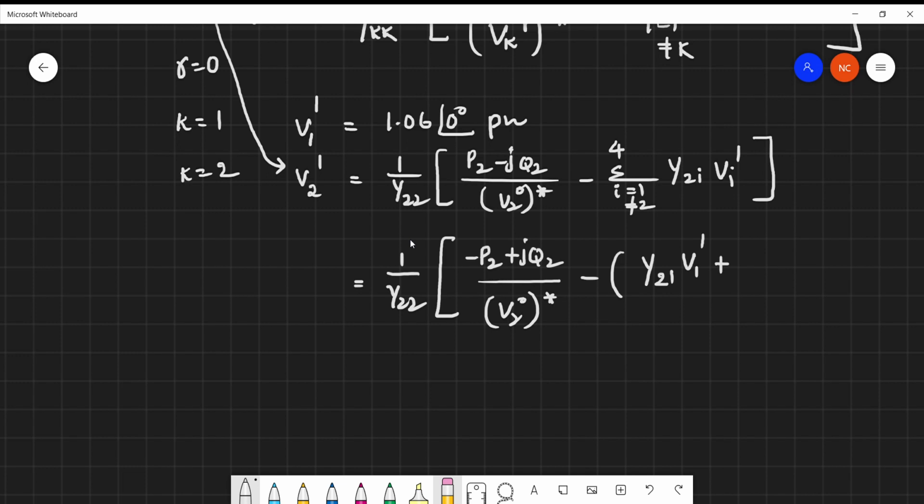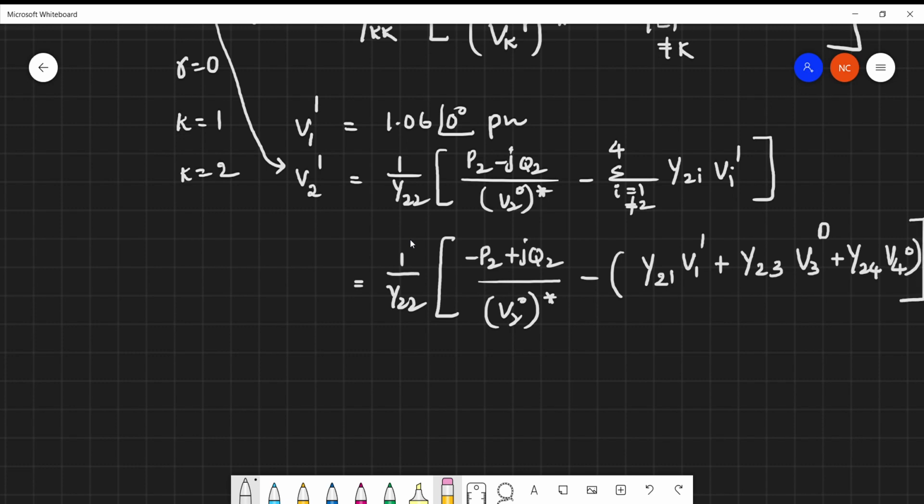Next, plus, i count should be 2 now, but under this condition i cannot be equal to k. Unfortunately k is 2, so you cannot write this term. So you proceed with the next value, that is Y23 V3 prime. Actually you need to write the updated voltage for V3, but bus 3 voltage is not updated yet. That is the reason why you keep the initial guess, plus Y24 V4^0.